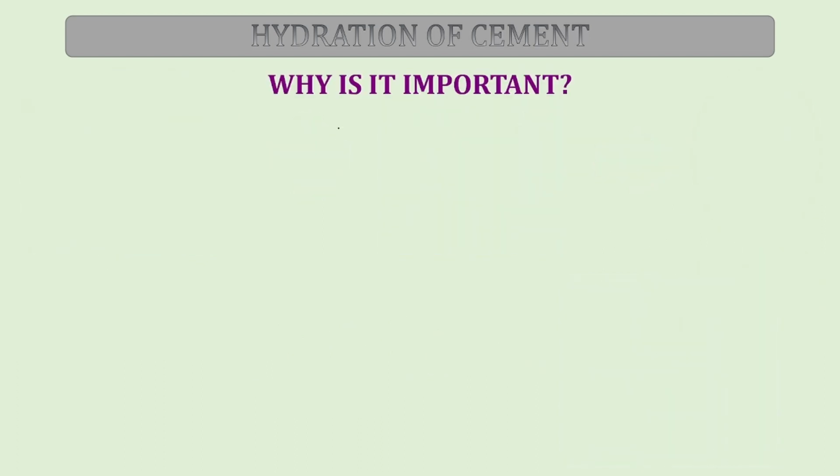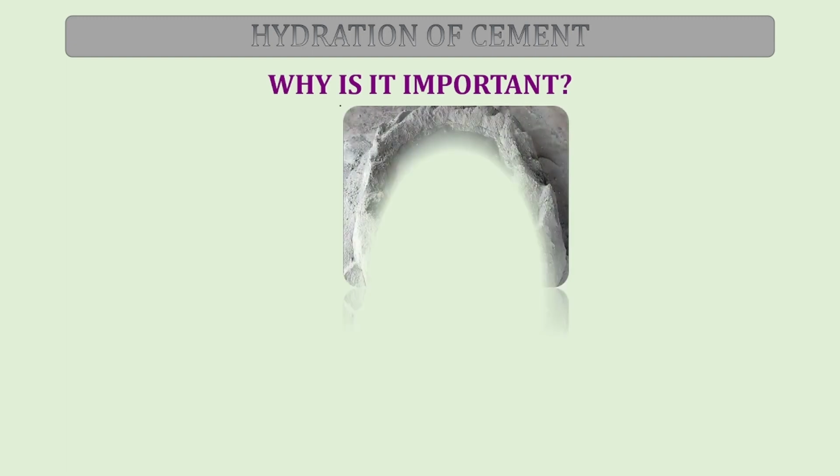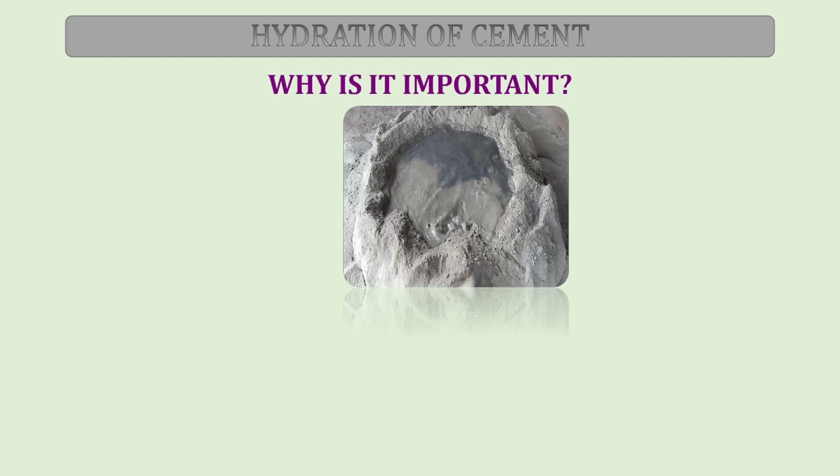Now, let's learn about the importance of heat of hydration of cement to civil engineers. We have already discussed this earlier many times that cement is the binding, or you can say the bonding material, which is used in concrete. Apart from this, this is the only reactive component present in the concrete.